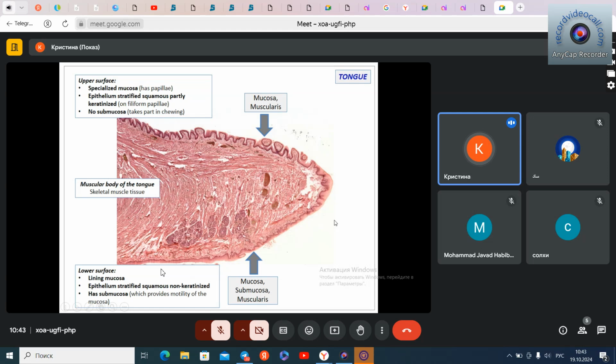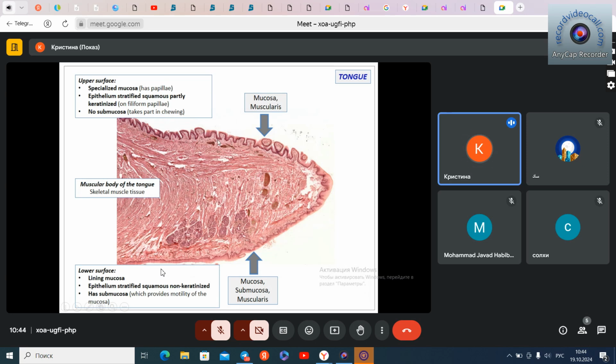So if we make the sagittal section of the tongue, here we see the dorsal surface in the upper part, and in the lower part we have the lower portion. We can see the difference in structure. In the upper surface, the mucosa is of a specialized type because it has papillae.